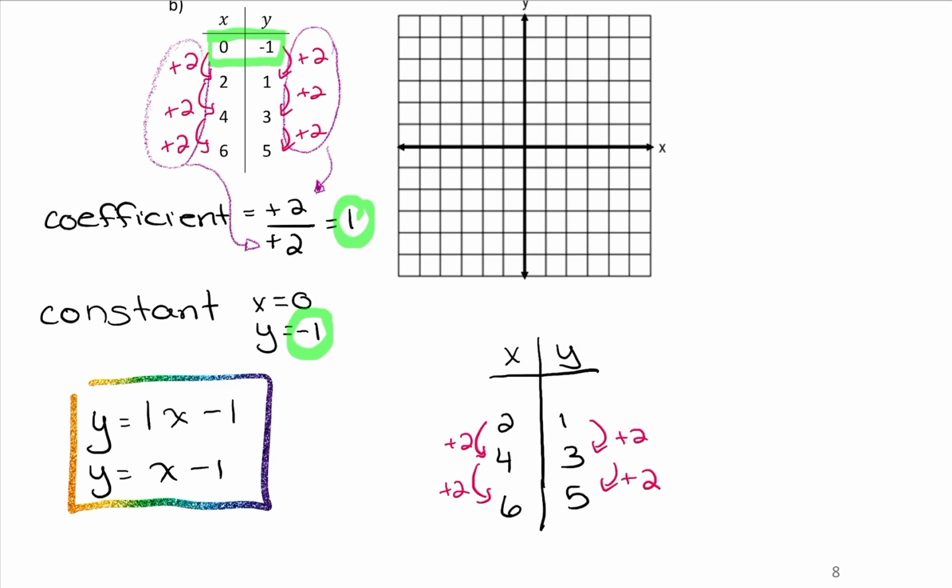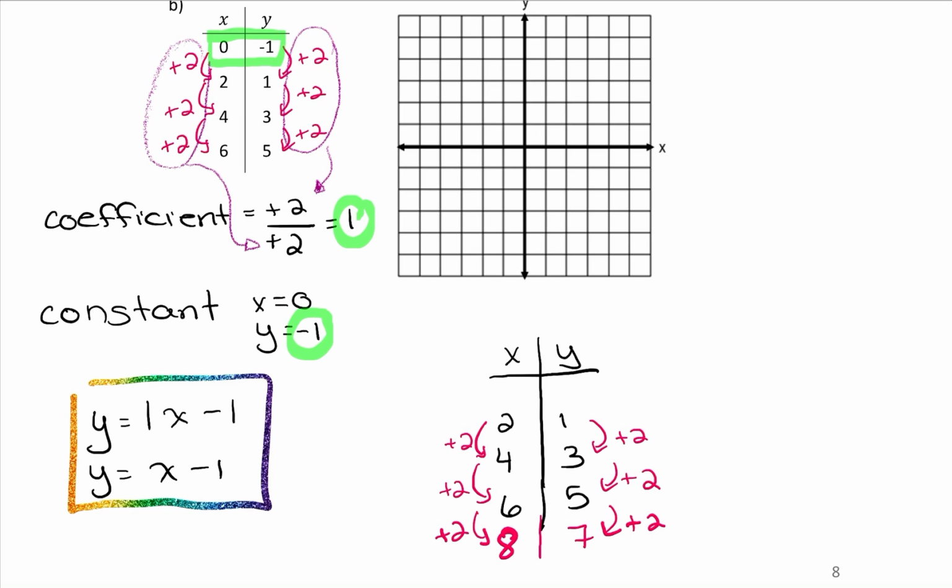But what I should notice is that I can add in more values. For example, I could continue this table further down. If I wanted to add a number after the 6, it would have to be an 8 in order to fit with the pattern. And if I wanted to add a number under the y values, if I have to keep going up by 2, it would be 7, right? So I can add to my pattern if I need to find more numbers. The same can be said for moving backwards.